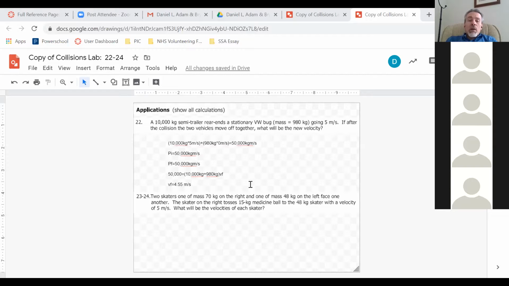So actually, I also want to make sure that people understand that momentum is always conserved, whether it's an elastic collision, perfectly inelastic collision, or just inelastic collision. It's always conserved, assuming there's no outside forces like friction or air resistance. So could everybody give Adam a hand down there? Yay. Awesome.